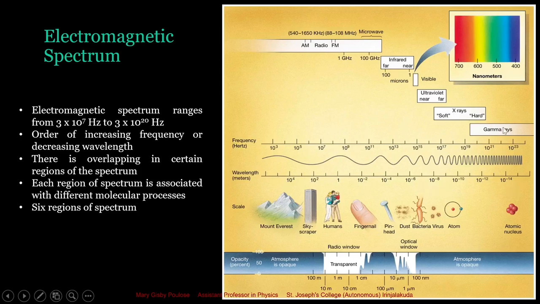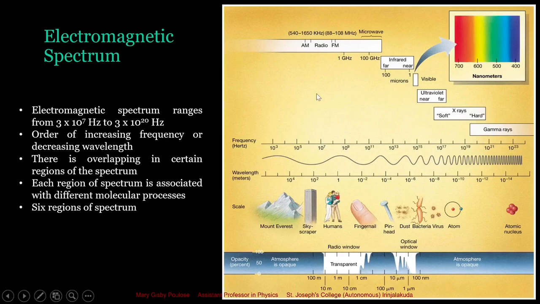So in this I can say that in the left area we have the radio waves, microwaves, and then moving towards the right I have the infrared waves, the visible light, then UV rays, again towards the higher frequency side or shorter wavelength side we have the X-rays and gamma rays.